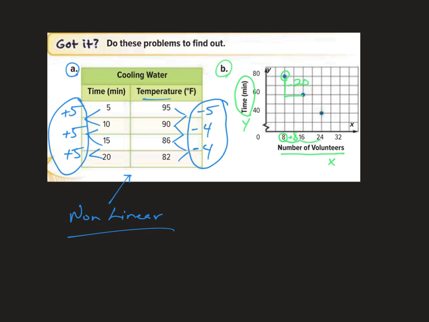We go 8 more minutes to 24, and we go down from 60 to 40, which is a loss of 20 more volunteers. So right now, we've got a loss of 20 volunteers every 8 minutes.